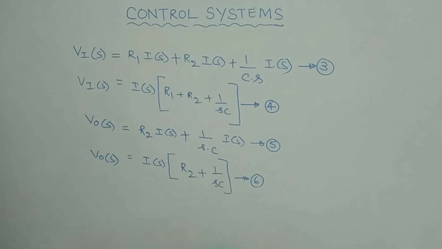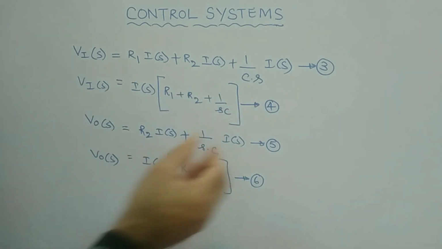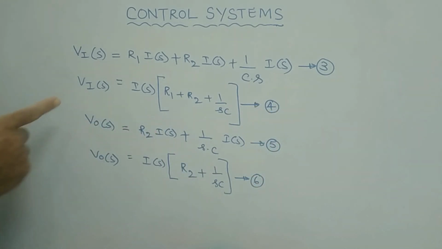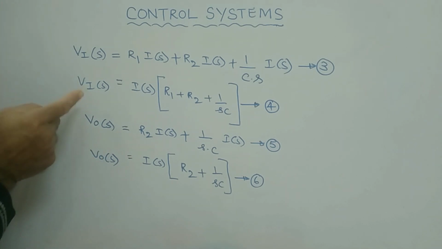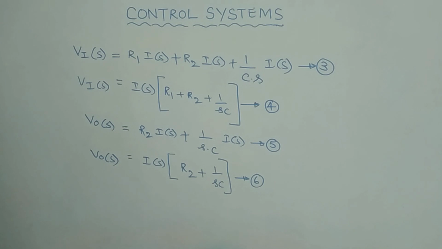Now, from the output expression, consider equation number 6, and from Vi, consider equation number 4. Take the ratio, V naught of s by Vi of s, that is our desired transfer function. That means equation 6 by equation 4.